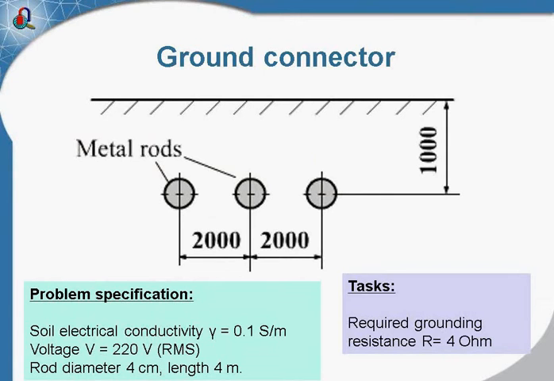If the electric potential appears on the dangerous conducting parts, these parts are connected to the ground connector, and the electric current flows to the ground.